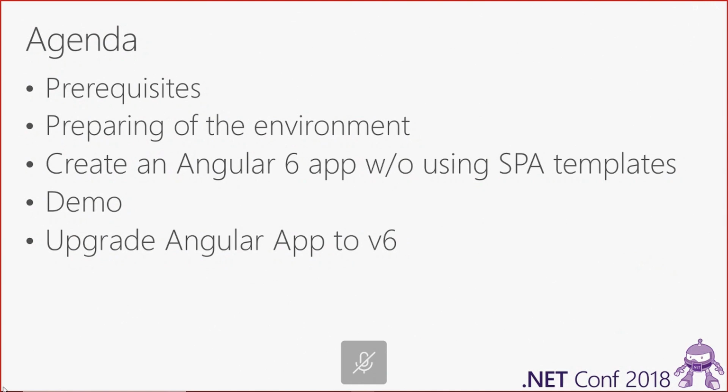And we will also look at how you can do the same with the .NET CLI command. First, we will look at my demo project and analyze the structure of the solution and what I have chosen to develop it. And by the end of the session, we will talk a bit about upgrading an Angular app to the 6th version.